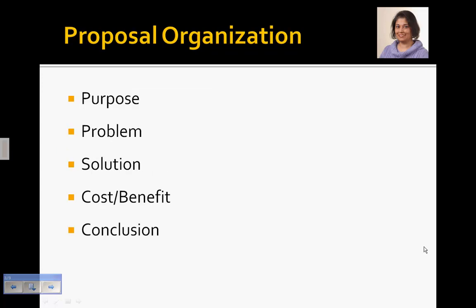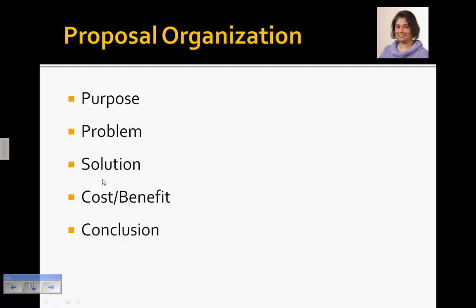The organization of a proposal follows some pretty common conventions. There's a purpose statement, which is a short statement of about a paragraph explaining what you're proposing, why, and what the benefit will be to the company. There's a problem statement that fully identifies the problem, but the most important characteristics of the problem that then relate to your solution.